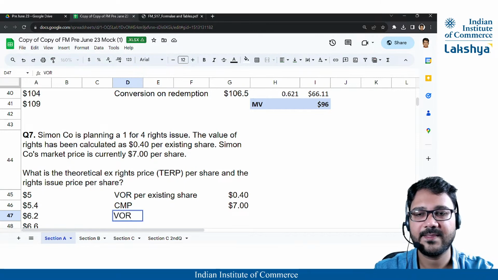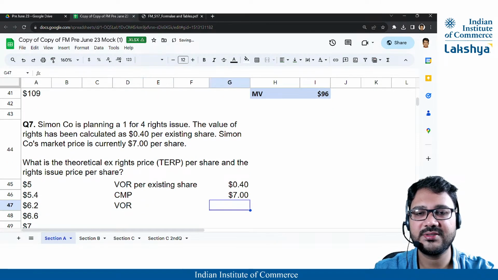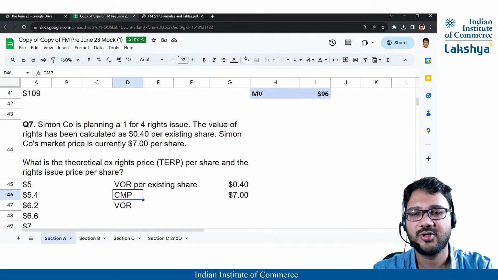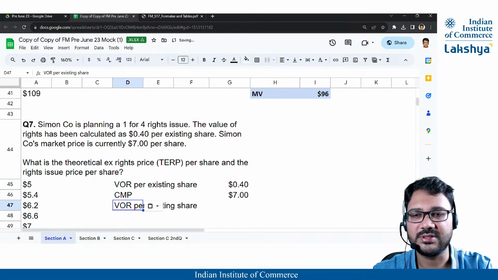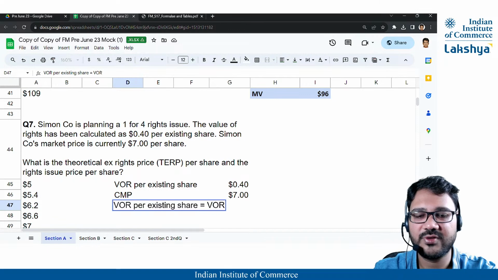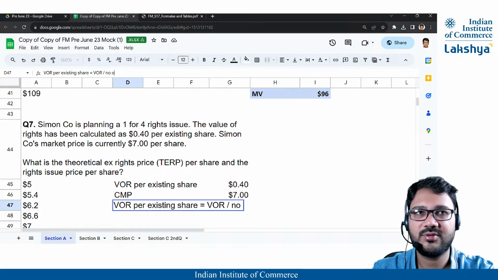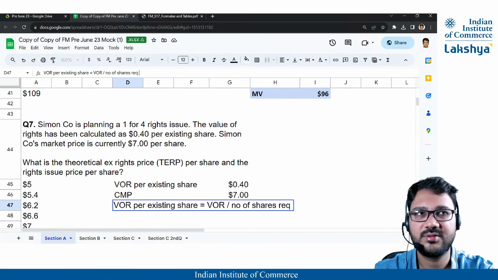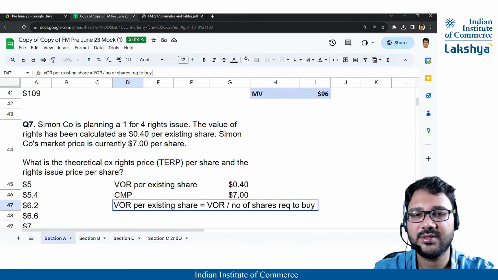Okay. So normally, value of a right per existing share is equal to value of a right divided by the number of shares required to buy a right.